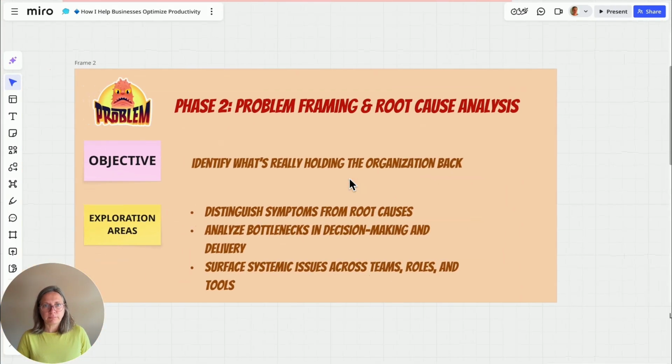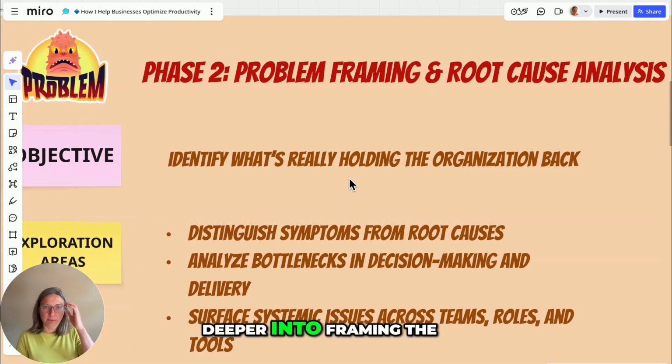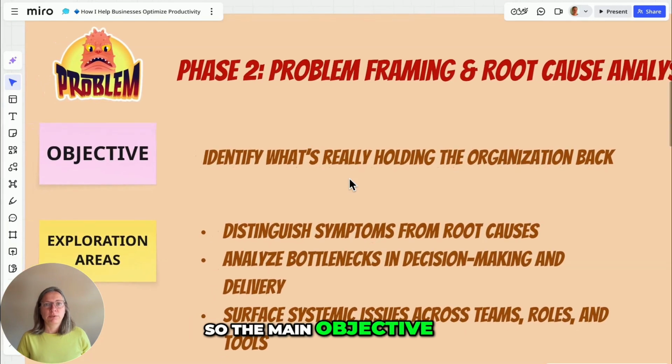Phase number 2 is where I delve deeper into framing the problem and analyzing the root causes of the problem. So the main objective of this phase is to identify what's really holding the organization back.